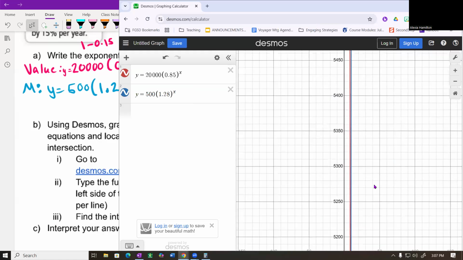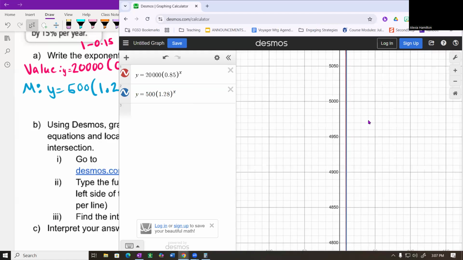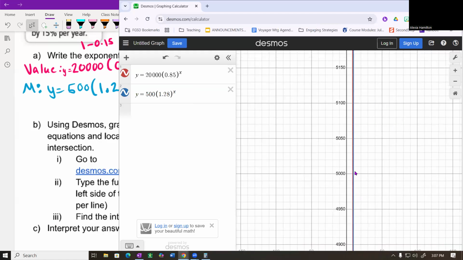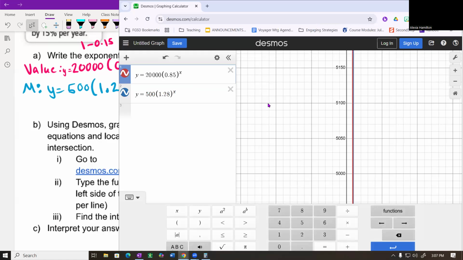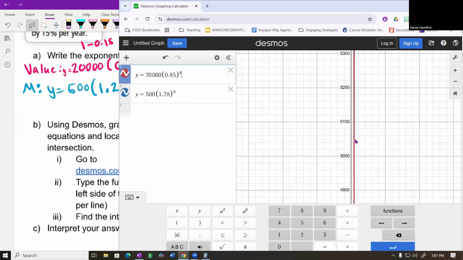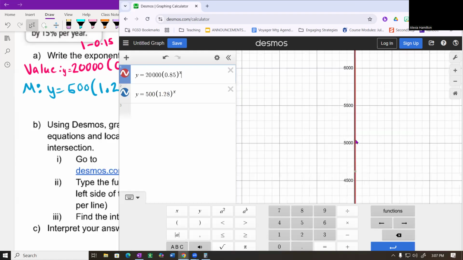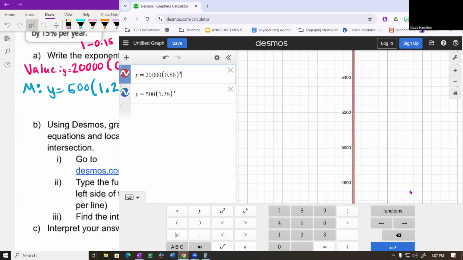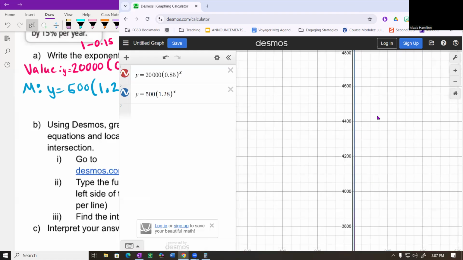Now the red is on the left. Go away. Oh, there it is. Found it. Okay.